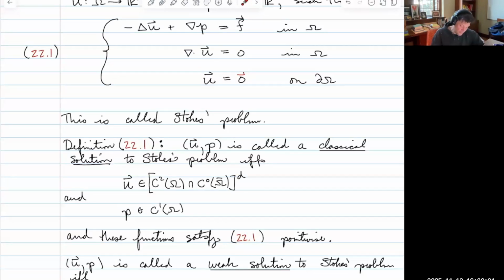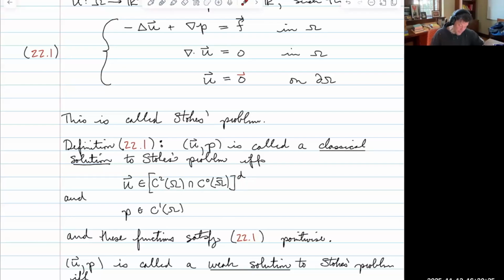So we say that u and p, that pair, is called a classical solution to the Stokes problem if and only if u is, well, it's a vector function. So when I apply this notation here with the superscript d, this means I'm going to apply to each component this requirement, whatever is in this bracket.